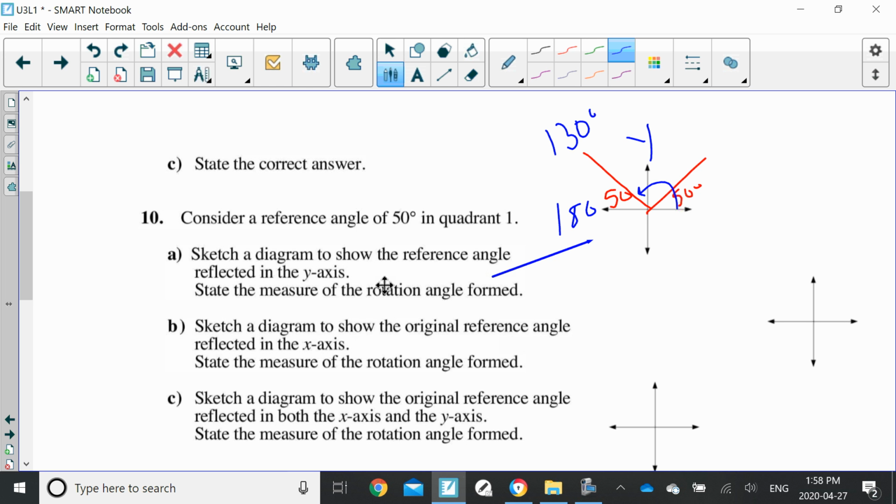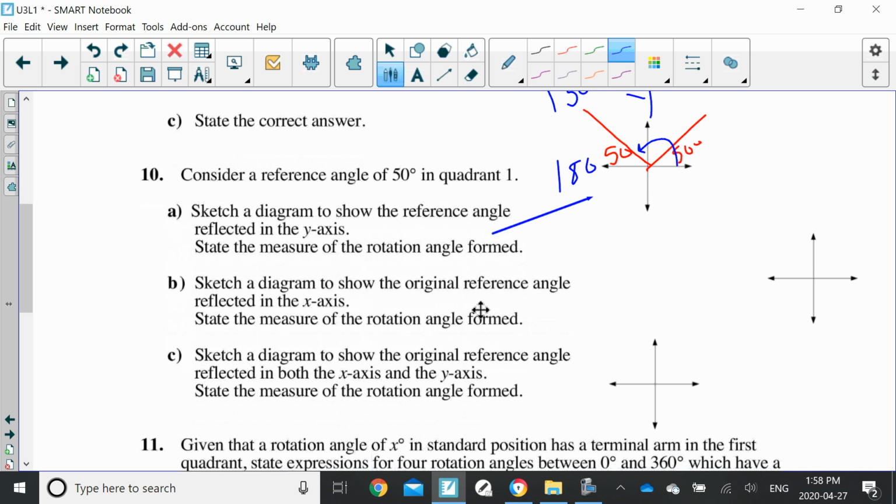For B, sketch the diagram to show the original reference angle reflected in the x-axis. So let's draw the original reference angle. We had a reference angle of 50 degrees, and they want it now reflected in the x-axis. So pretend this is your mirror and bounce this line into this quadrant.